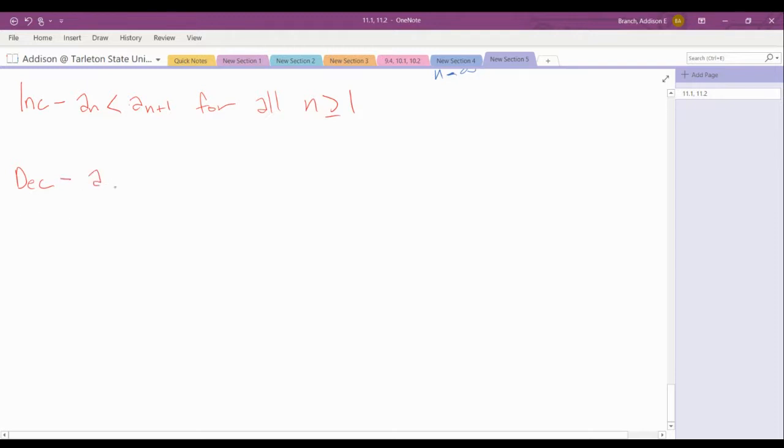We can say that a sub n is bigger than the subsequent term, a sub n plus 1, for all n greater than or equal to 1. And then we have monotonic. If a sequence is monotonic, it just means that it's increasing or decreasing.